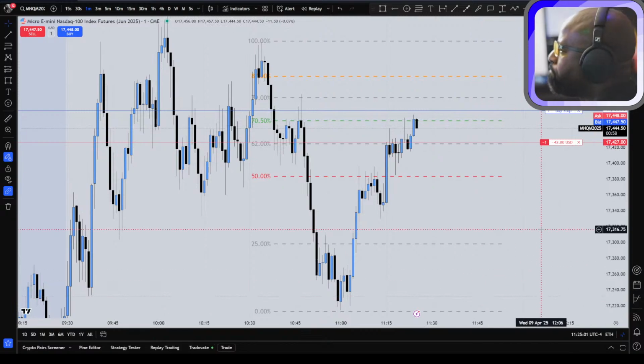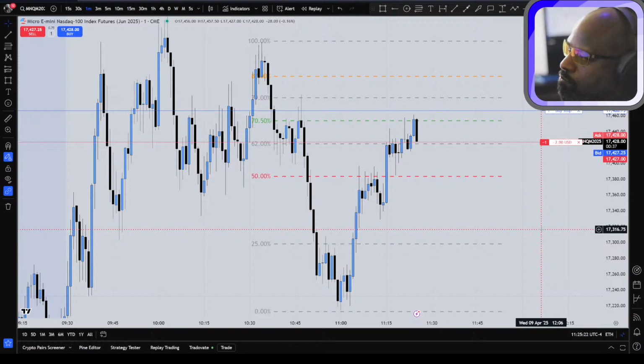It's like a flat number. It returns to 19,427 flat and touches that level to the tick.